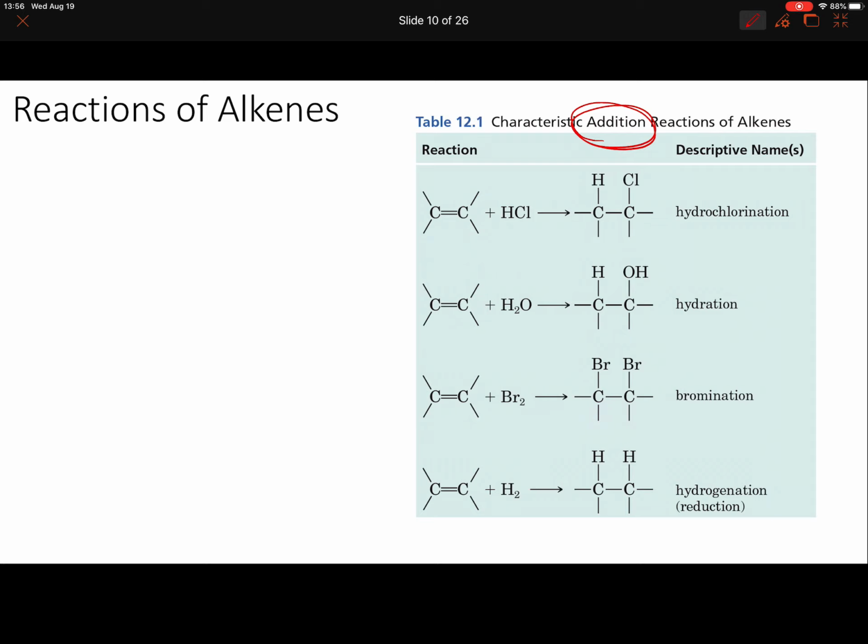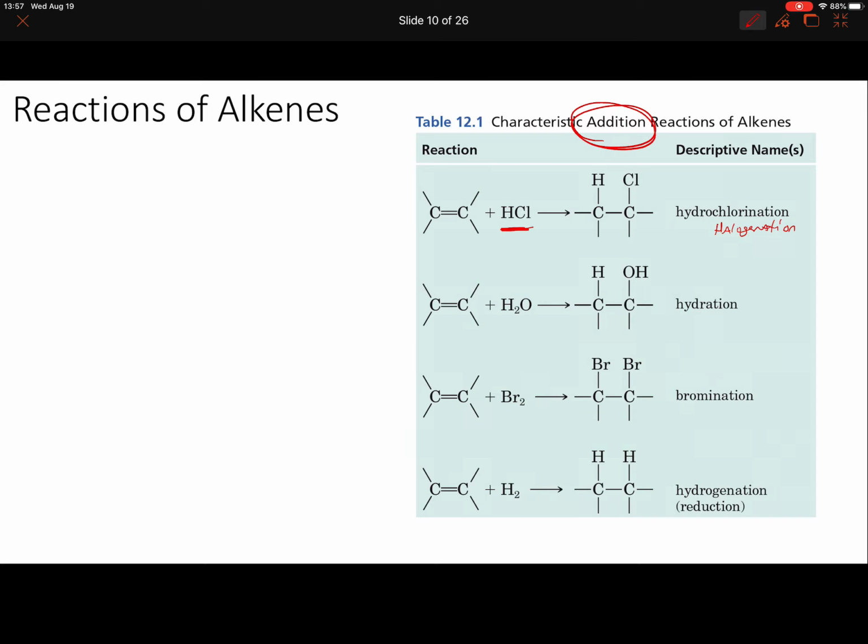We're going to add what we'll call a halogenation, in the form of a hydrohalogenation. So hydrochlorination, hydrobromination, hydrofluorination, any halogen would work here.